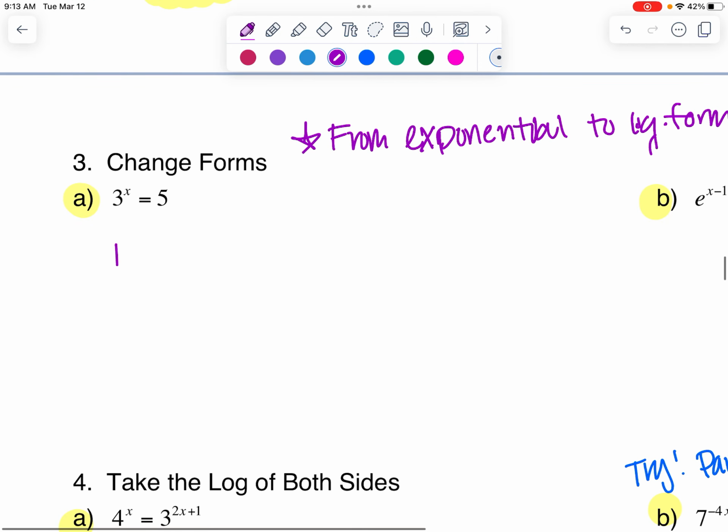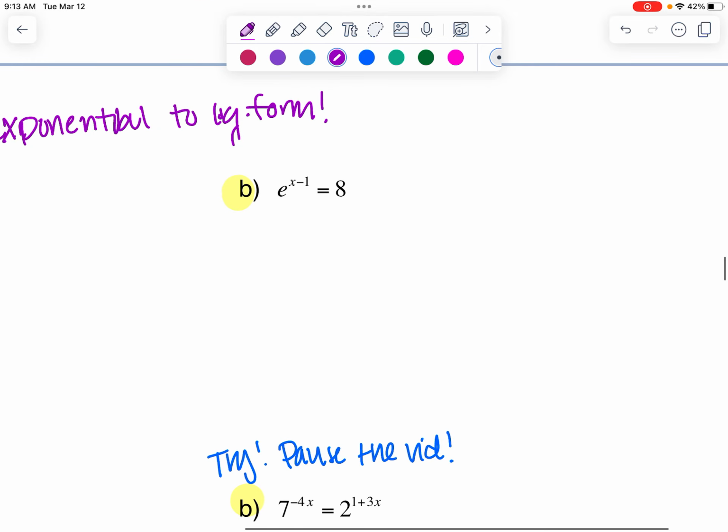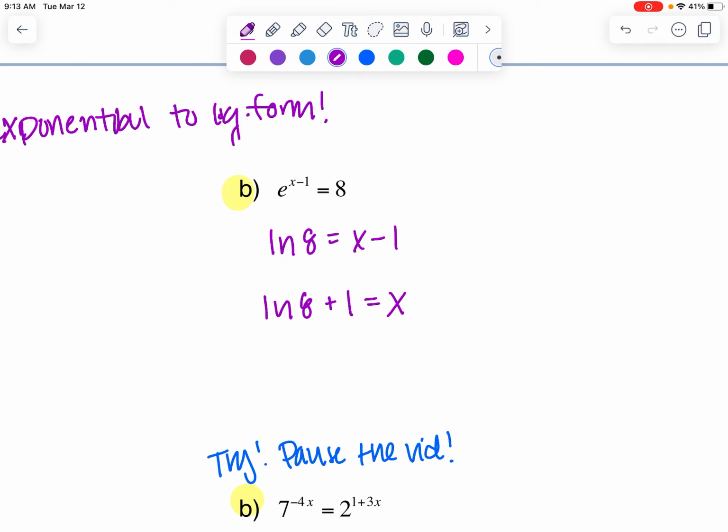Easy peasy, right? We take log with base 3 of 5 is equal to x. And then we are done. Part B, same exact thing. In this case we are using the natural log, so I get ln of 8 is equal to x minus 1. Trying to get x by itself, so we get ln of 8 plus 1 is equal to x.